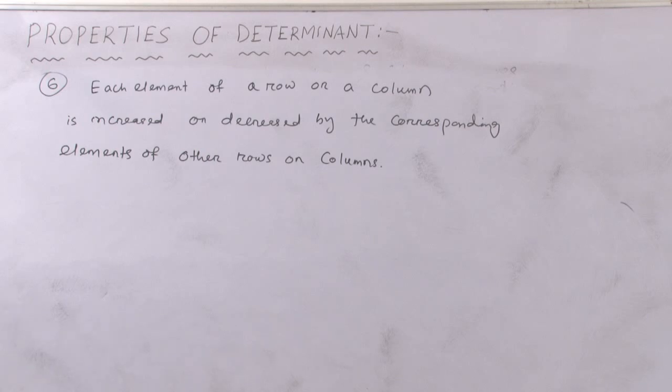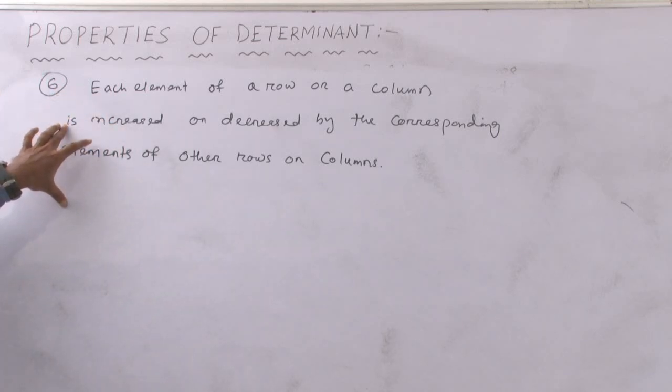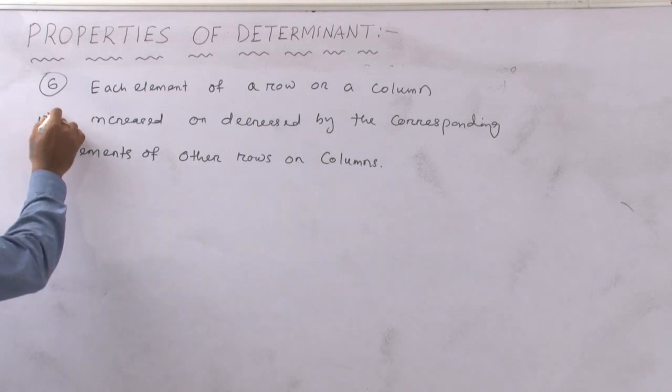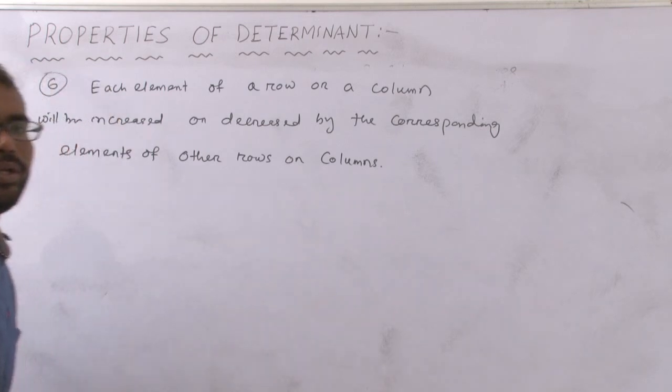So here this is an important property. Each element of a row or a column will be increased or decreased by the corresponding elements of other rows or columns.